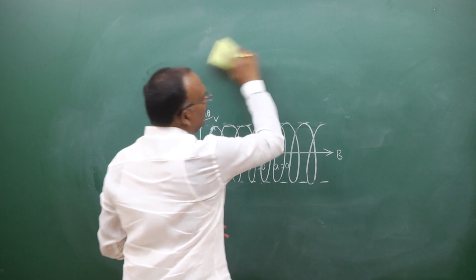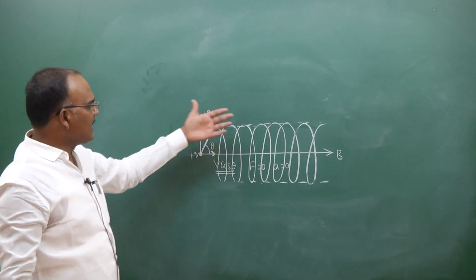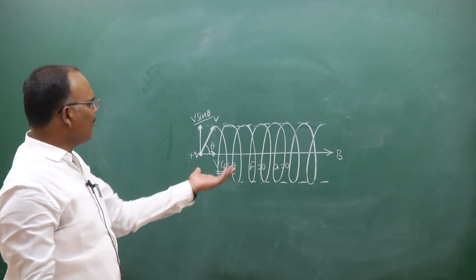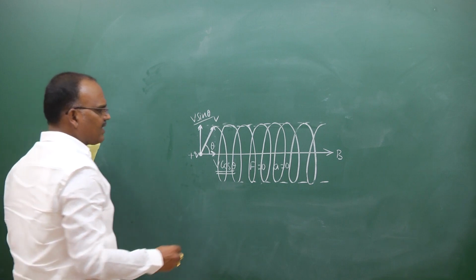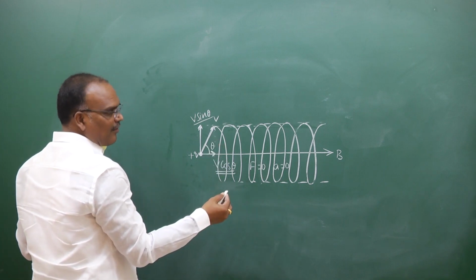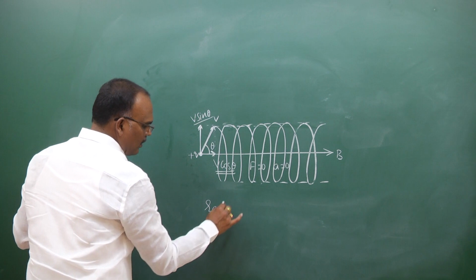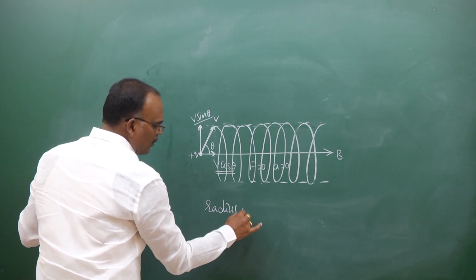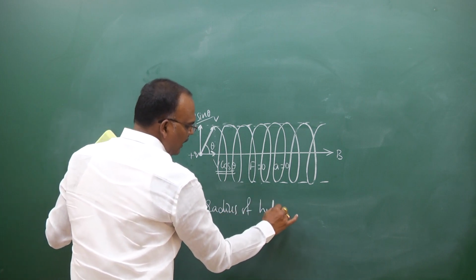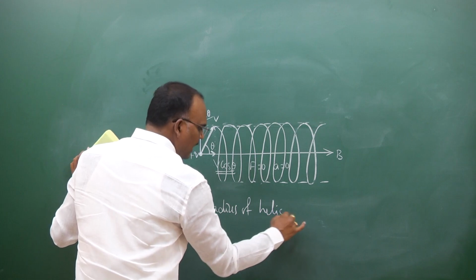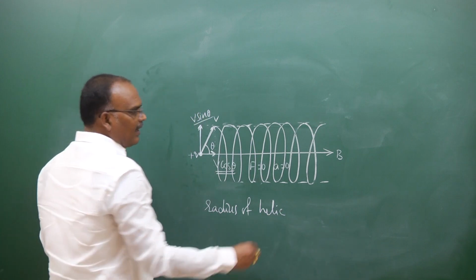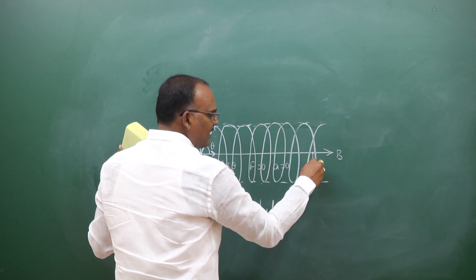See, when the particle is revolving like this, we may come across various questions. First is the radius of the helix. The radius of the helix means this is the radius.